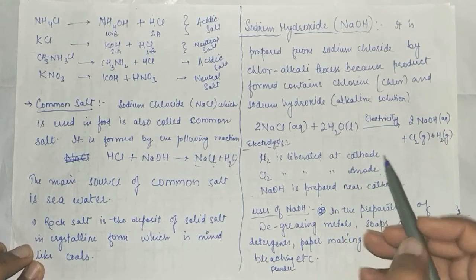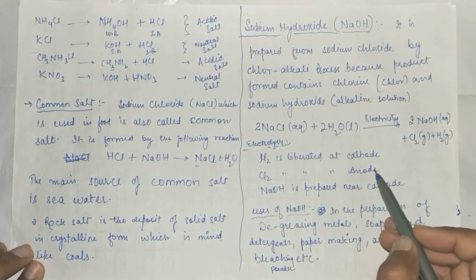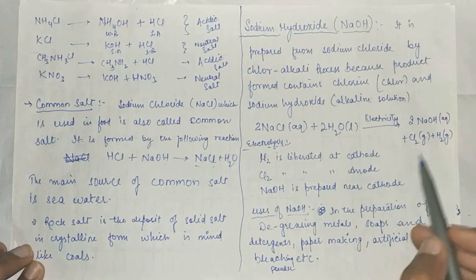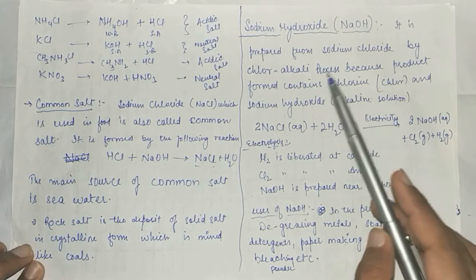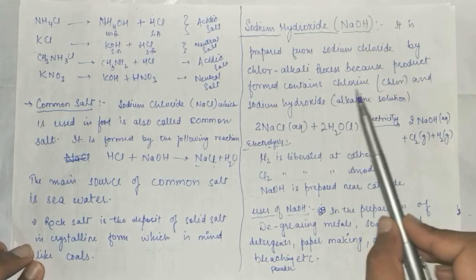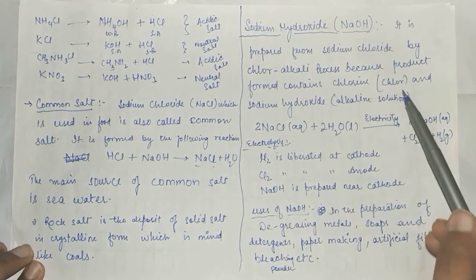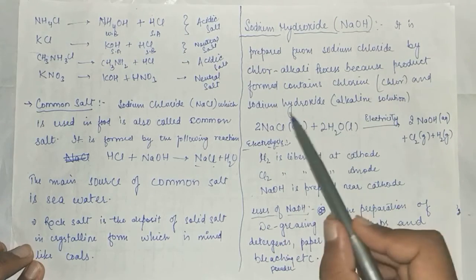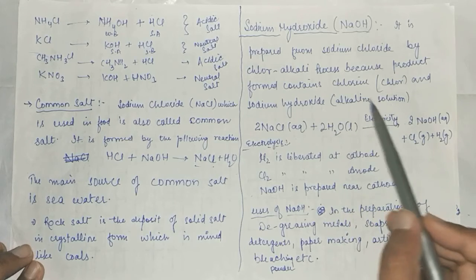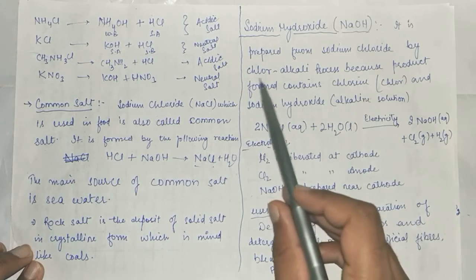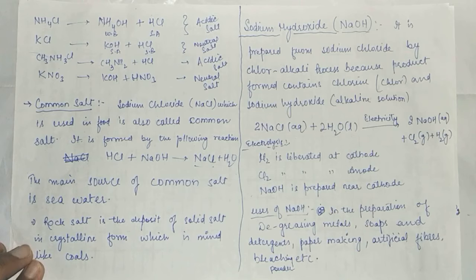H2 is released at the cathode and Cl2 is released at the anode. This reaction is also called the chlor-alkali process. Why? Because the formation of chlorine and sodium hydroxide, that is an alkaline solution, takes place here. That's why it is called the chlor-alkali process.